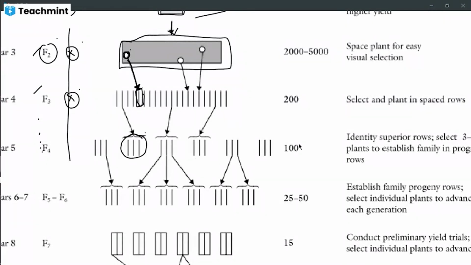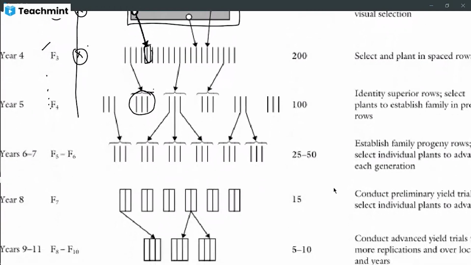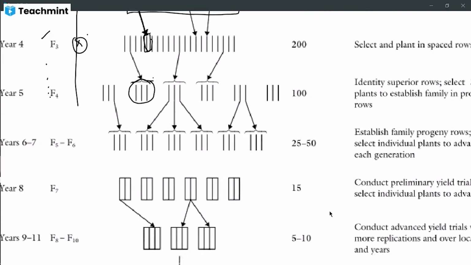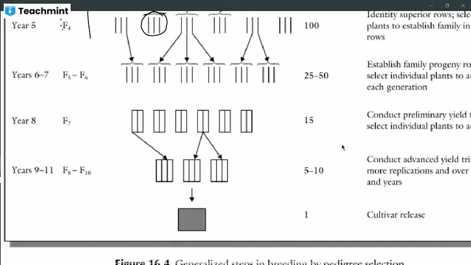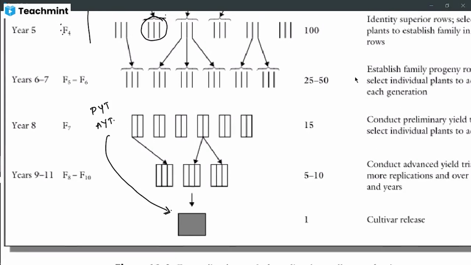This is followed up to as many generations as it takes to get a desirable product, or until you see the improvement. After attaining a certain yield, you can forward the material to preliminary yield trials, advanced yield trials, and then ultimately release the cultivar. It is just as simple as that.